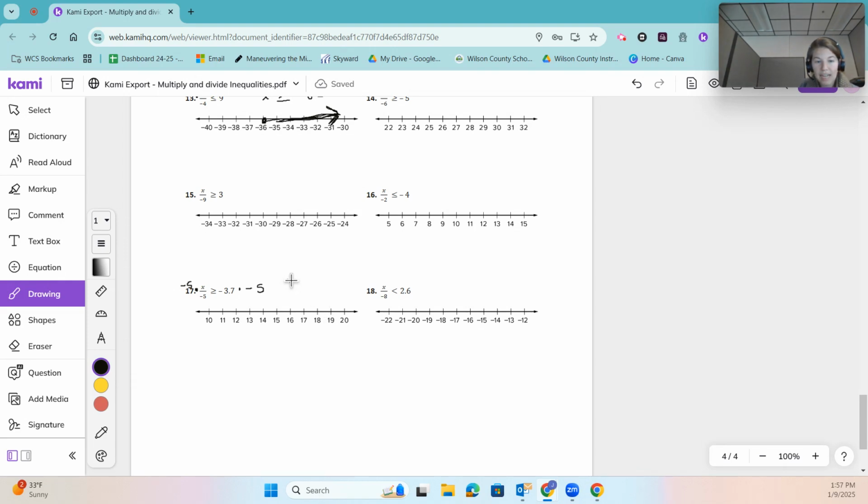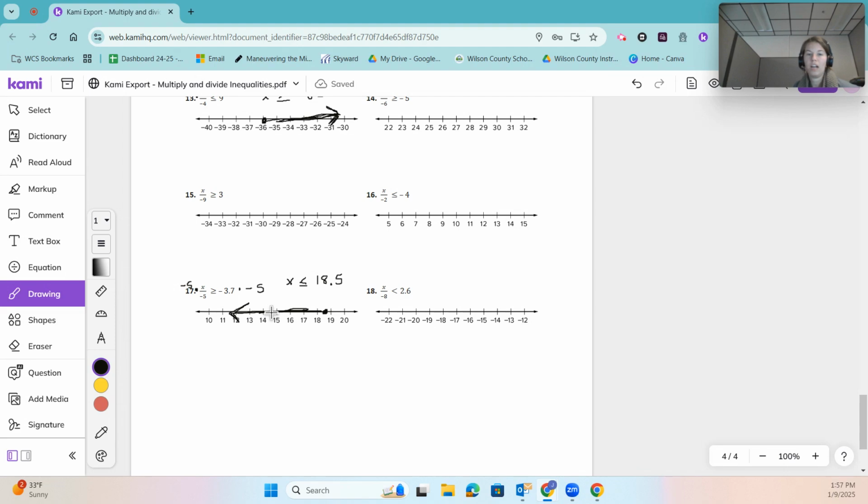So I get x is, and then I flip my sign because I had to multiply by a negative, and a negative times a negative is a positive, so 18.5. And that is going to be a closed circle, and x is less than or equal to now.